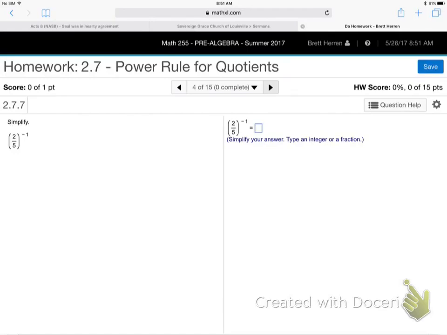Okay, so 2/5 to the -1 power. So try that one. Powers outside parentheses multiply powers inside parentheses.